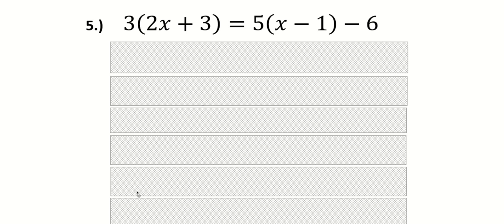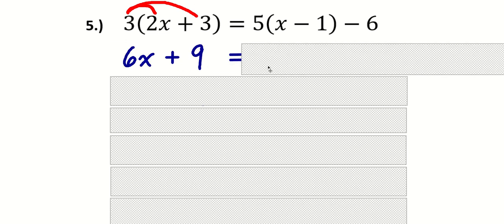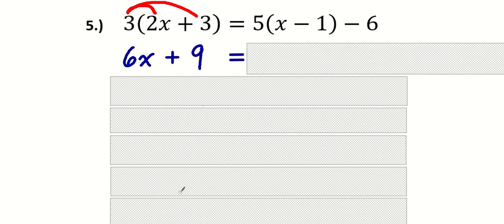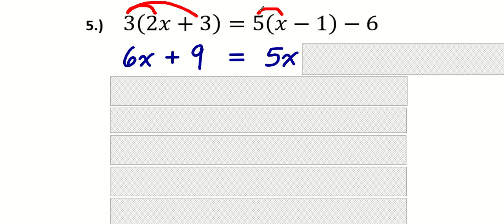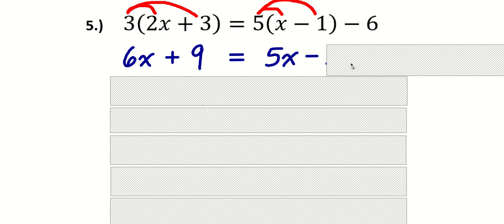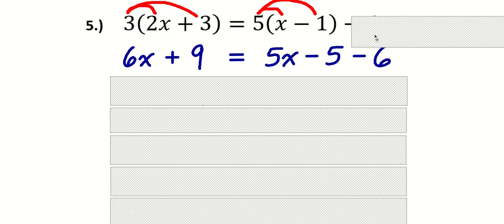So distributive property, 3 times 2x, and then 3 times positive 3. Likewise over here, 5 times x, which is just 5x, and then 5 times the minus 1, which is minus 5, and then don't forget to bring down the minus 6 also.